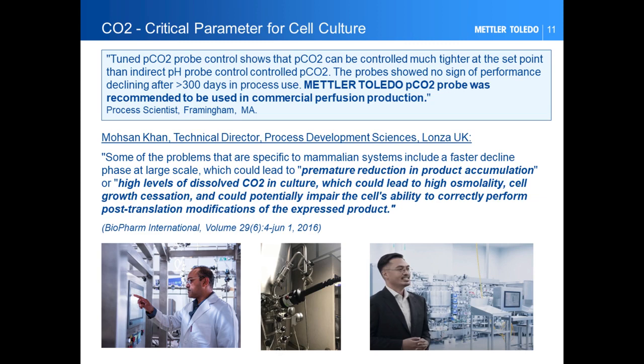Most of our clients working in perfusion or in fed batch up to 25,000 liters found it important to monitor dissolved CO2 batch to batch. They see the possibility to better monitor CO2 as an input or an output more precisely.